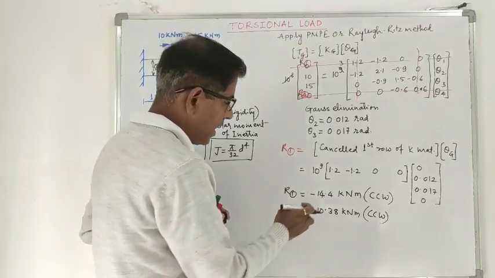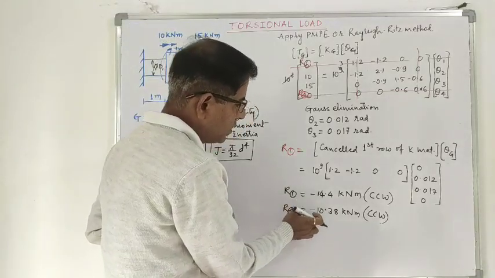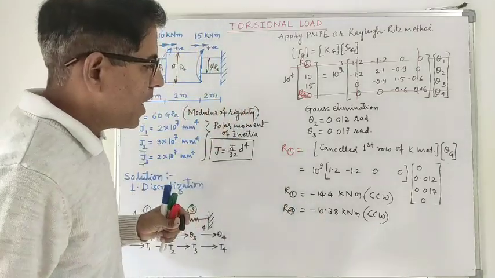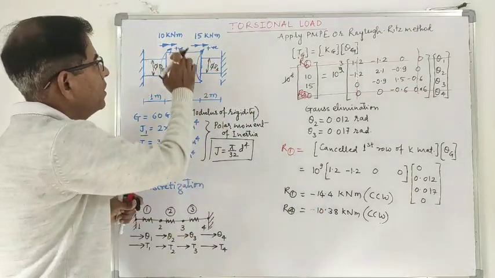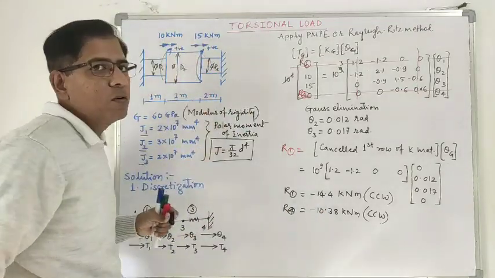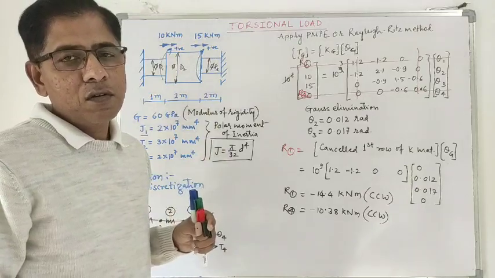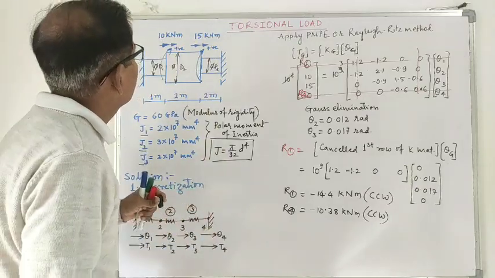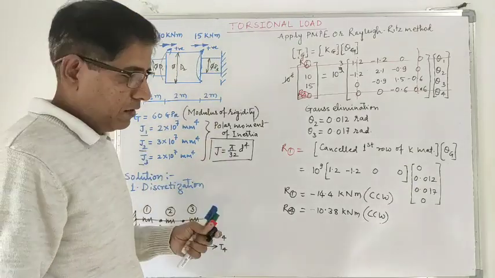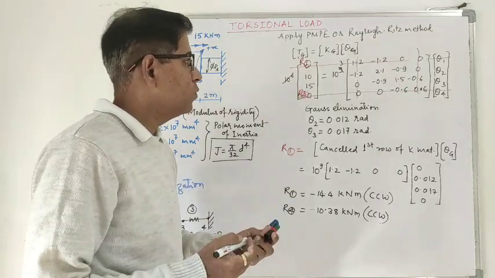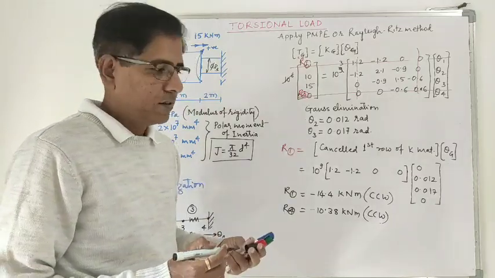If you add both these values, it comes out to be minus 25 kilonewton meter, and the summation of external load is also plus 25 kilonewton meter. So our displacement values are correct.